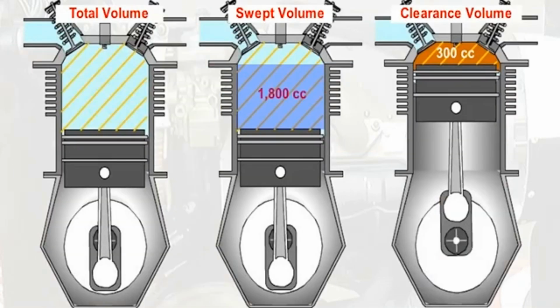An example will help to clarify the term. If the swept volume of an engine is 1800 cubic centimetres and its clearance volume is 300 cubic centimetres, what is the compression ratio of the engine? First we must add the swept and clearance volumes to obtain the total volume, so 1800 plus 300 is 2100.